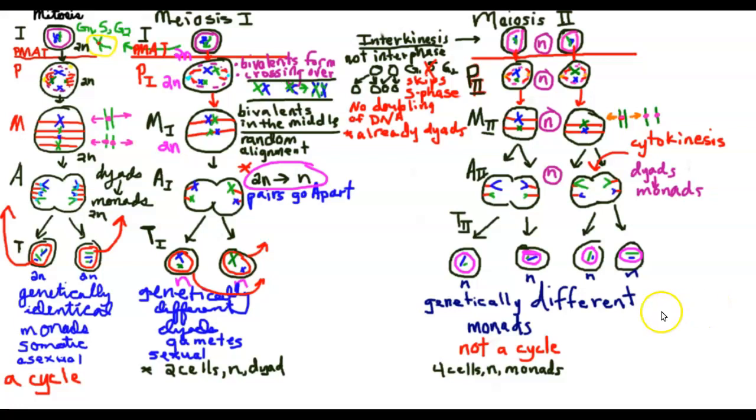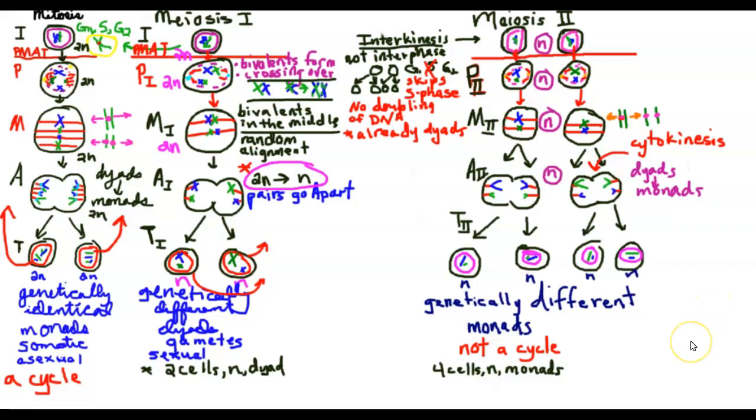And another difference is comparing meiosis 1 and meiosis 2, right here, interkinesis. So a big difference between mitosis and meiosis 2 is interkinesis. The whole point of meiosis 2 is to convert those haploid dyads into haploid monads. So we don't want to double the DNA. But we do, notice 4 cells, we do want to double everything else.